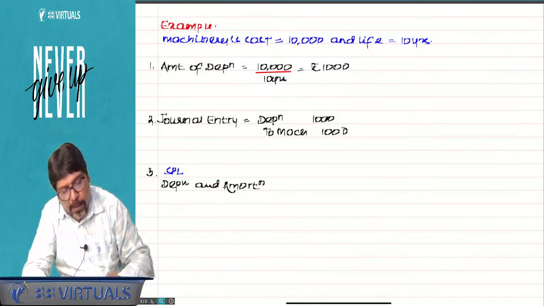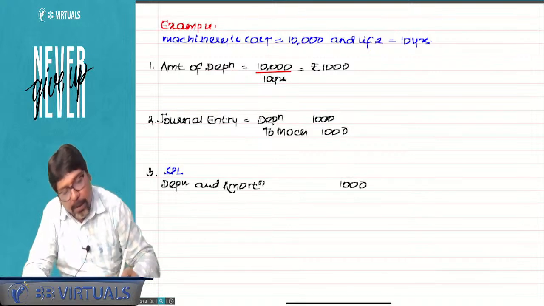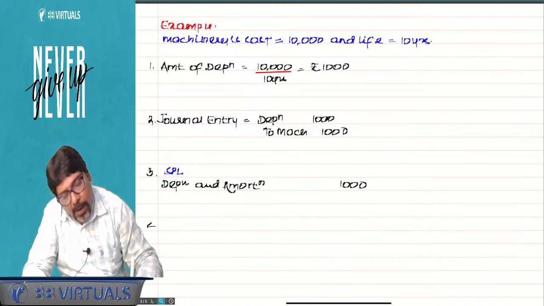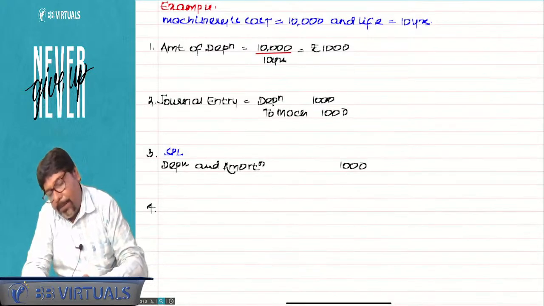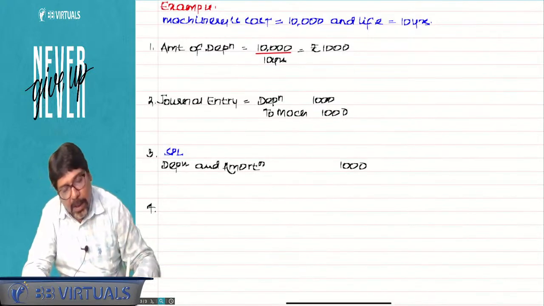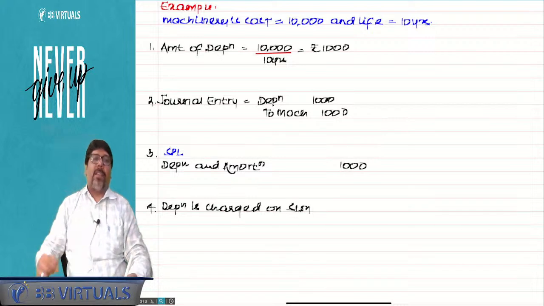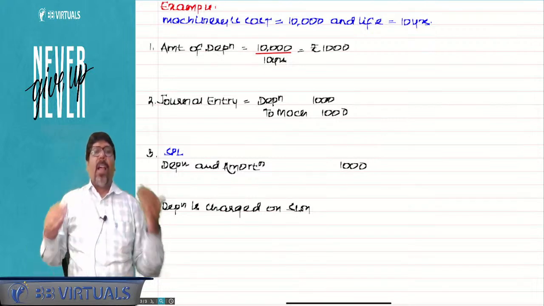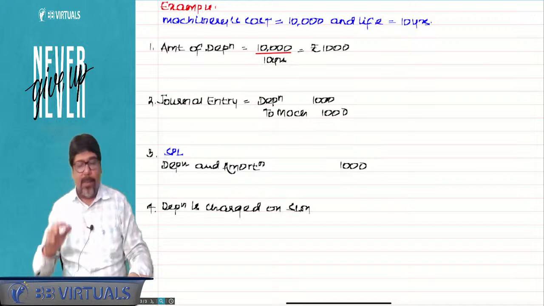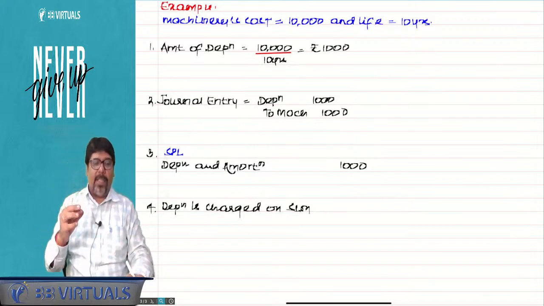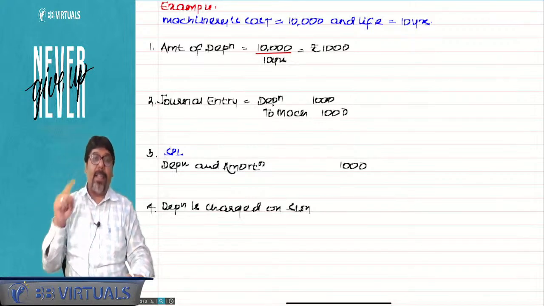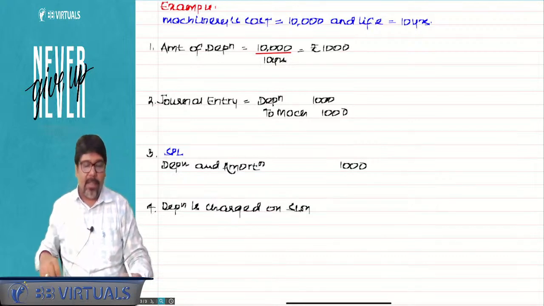Over there I wrote number four. I wrote depreciation is charged on SLM basis, straight line method. Am I clear? Now Chartered, so you calculated the depreciation, then you passed the journal entry, then you disclose the depreciation in the P&L, and the depreciation is charged on SLM.